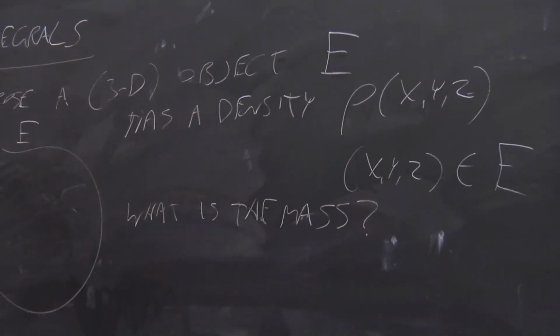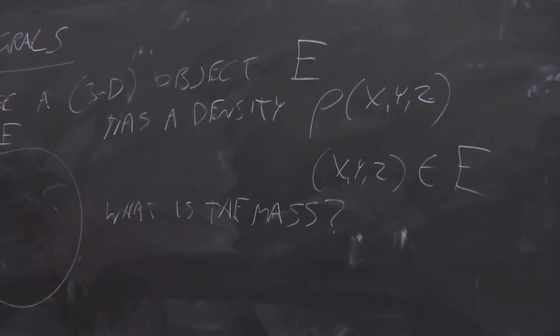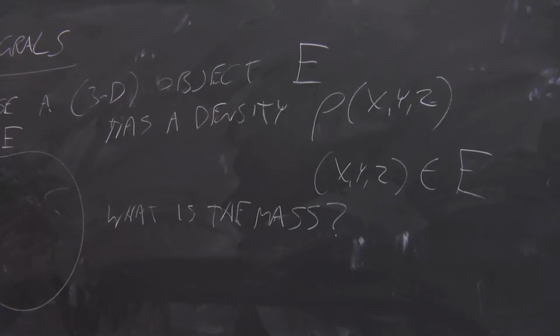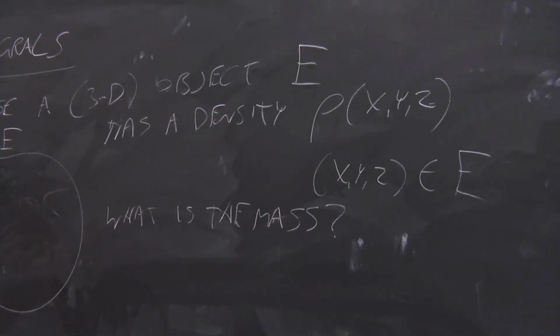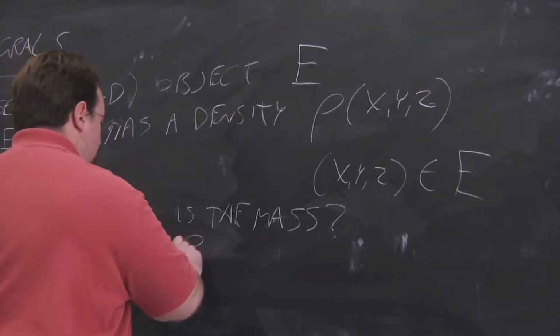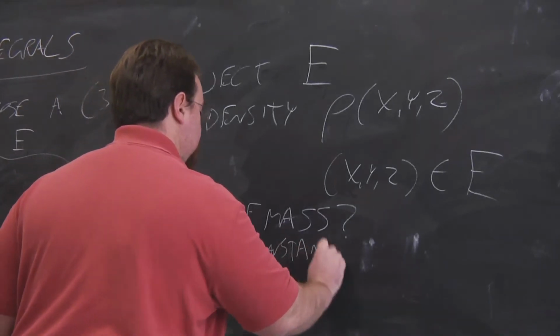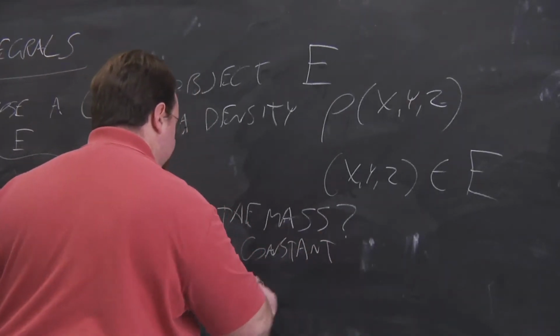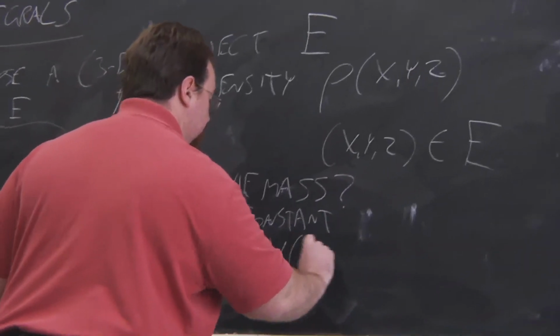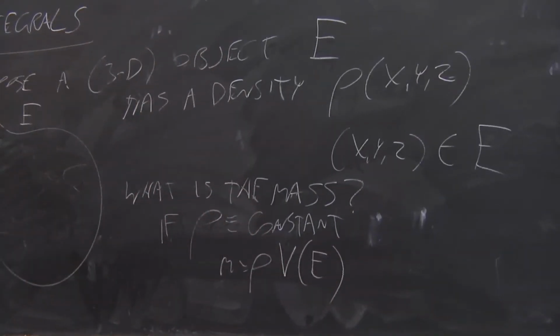So what is the mass? Well, we all know what the formula for mass is, right? Density times volume. Now, if rho was a constant function, then the mass would just be that constant rho times the volume of this region.